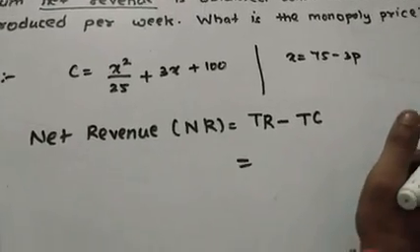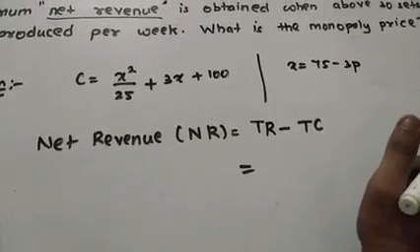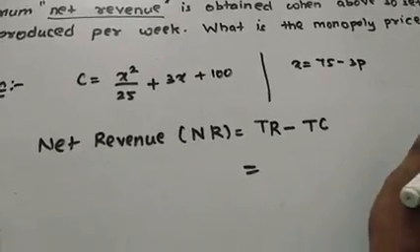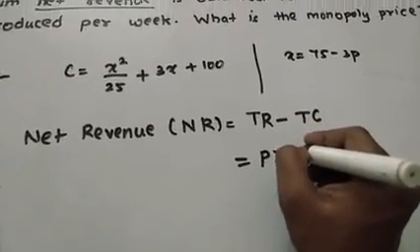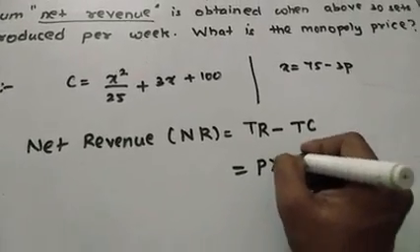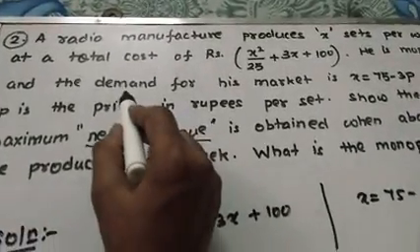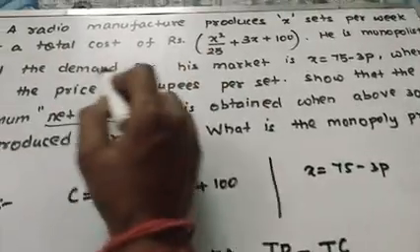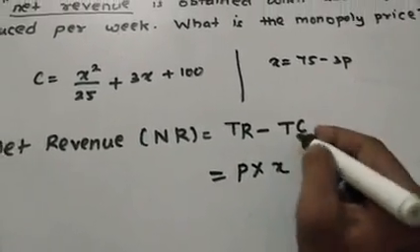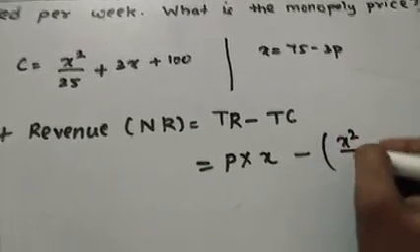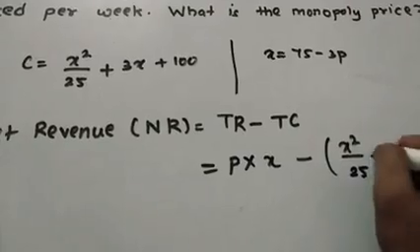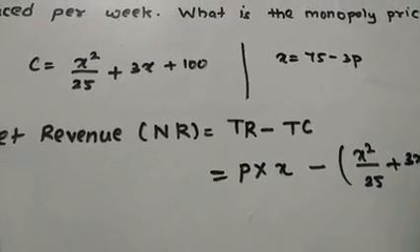Now total revenue is price into quantity, that is P into the quantity demand, which is X, because in the question the demand for the market is X. X minus total cost, which is given to you as x square by 25 plus 3x plus 100.